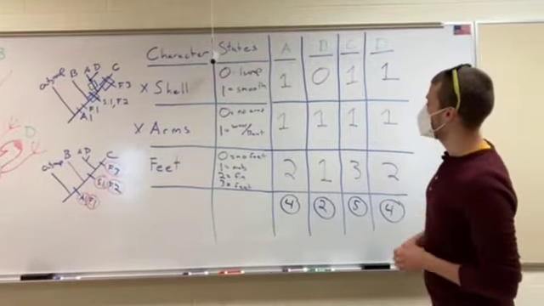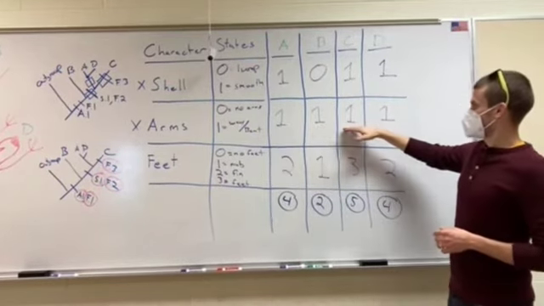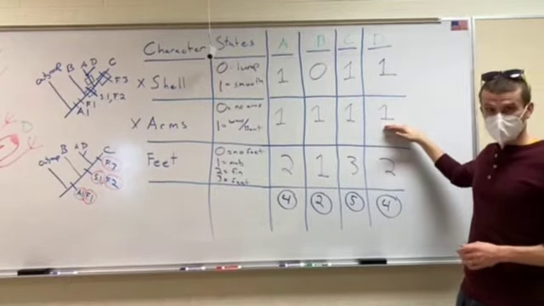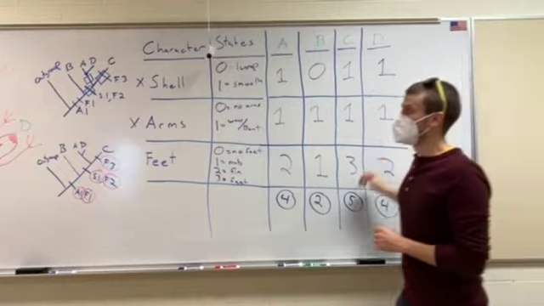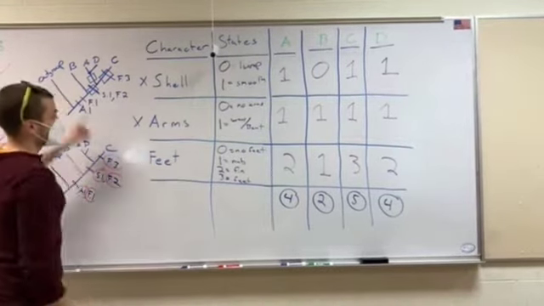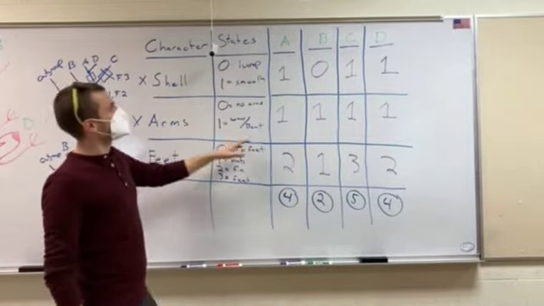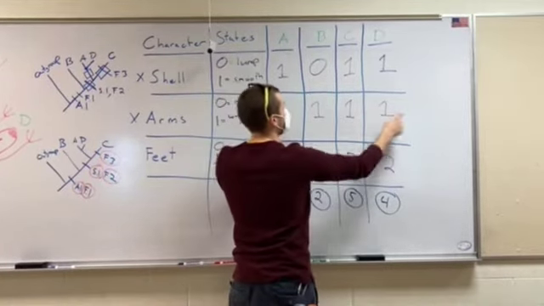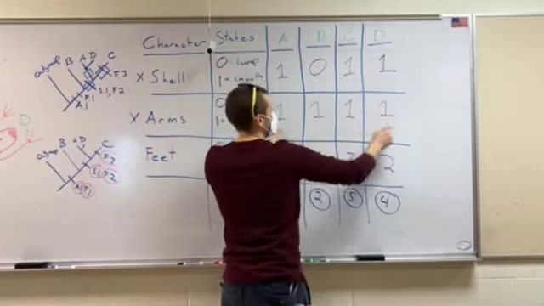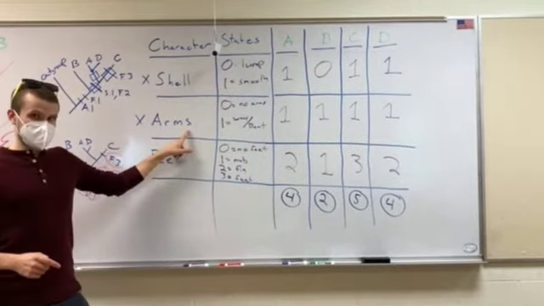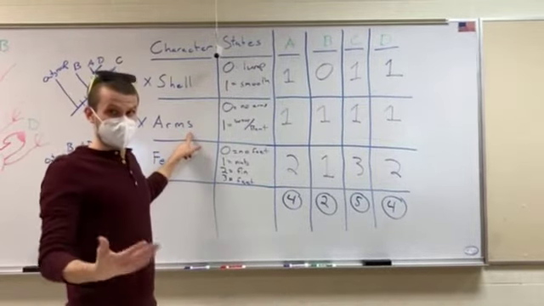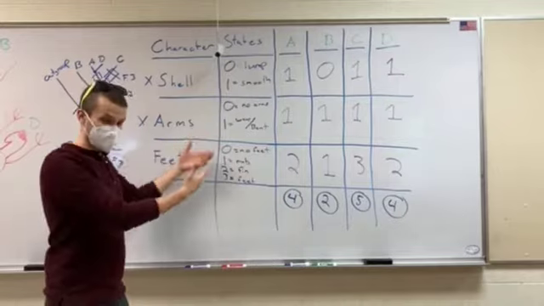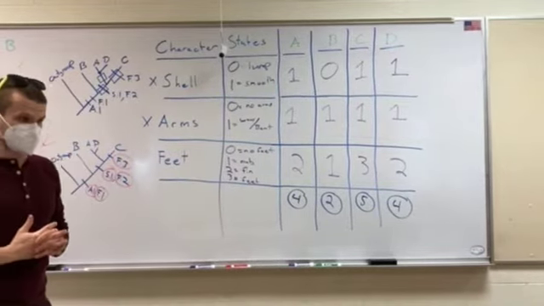To identify these, you're going to take a look at a trait that's shared with all of your descendants, but not your outgroup. So yeah, they're different from my outgroup, but this doesn't help tell me whether A was closer to B or C or D, because they're all the same. So arms is considered our non-informative trait in our original character state matrix.